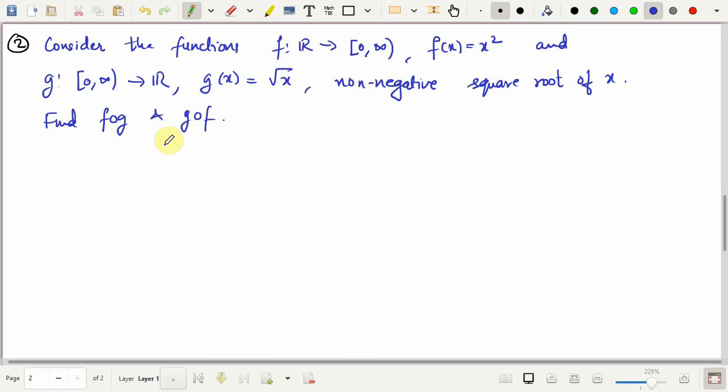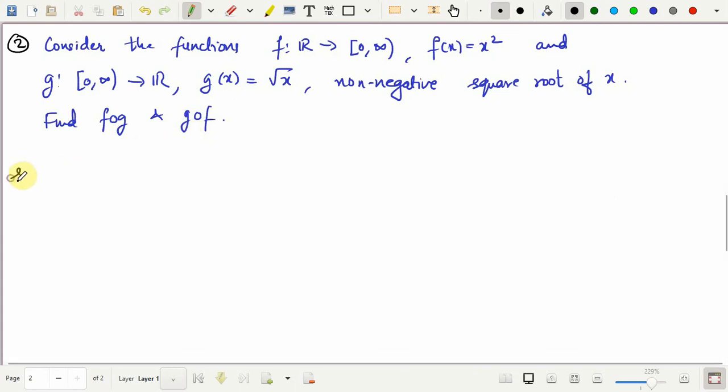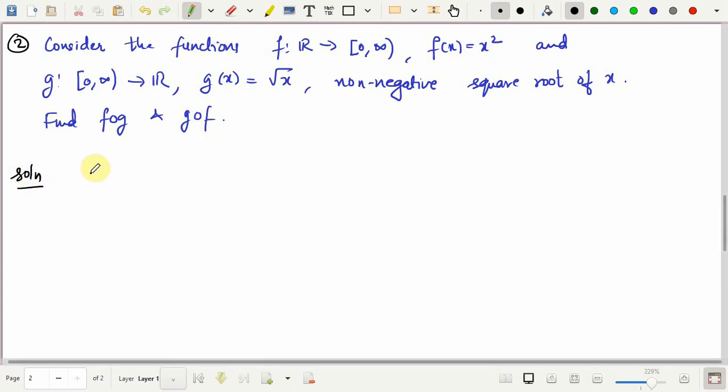So first let's see whether we can define g composite f. Whenever I want to write down g composite f, I always prefer to write down the domain and the codomain of the function f first.